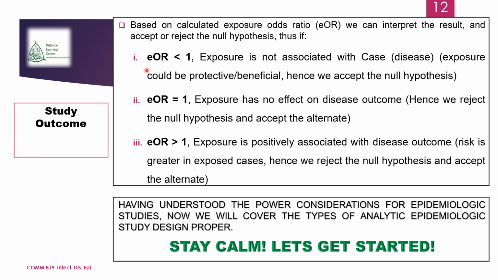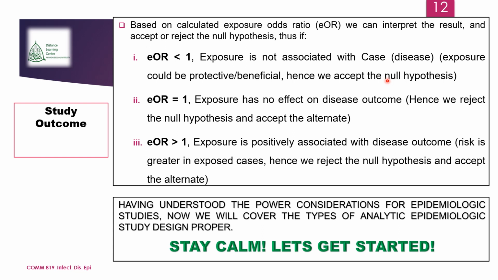The first consideration: if your calculated exposure odds ratio is less than 1, then you infer that exposure is not associated with case, which means the exposure could be protective or beneficial. Hence, we accept the null hypothesis.